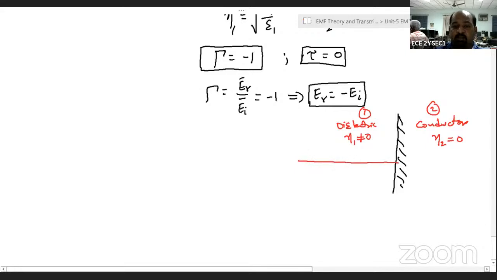So let us say this is the incident wave. Reflection coefficient is minus 1 means like this. The entire wave reflects back.